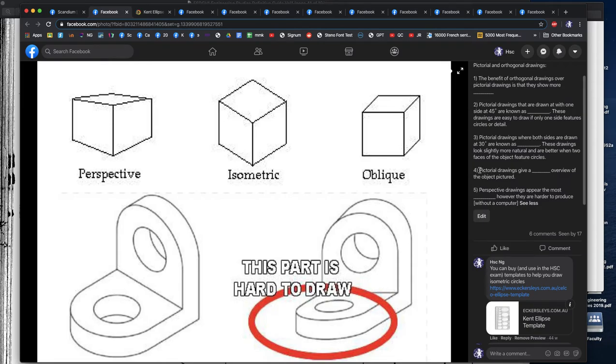The reason all 3 of these drawings are pictorial drawings is: perspective, isometric, and oblique. We don't use perspective very often because perspective is hard to produce without a computer. These days with Google SketchUp, we see a lot more perspective drawings, but you'll never be asked to draw a perspective drawing in an exam.